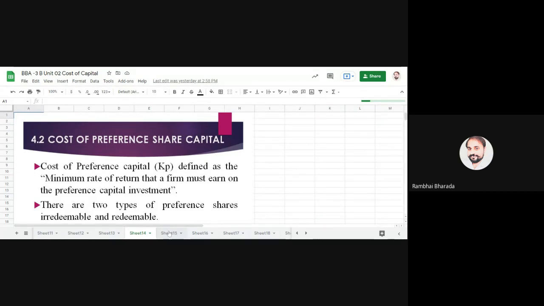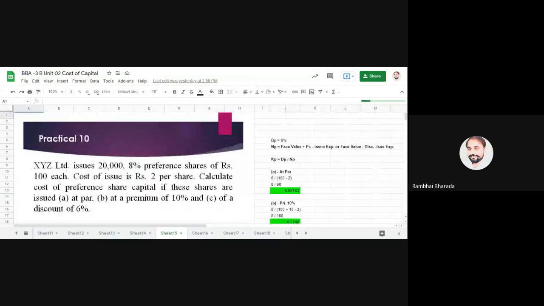Please remember, whenever the question is about irredeemable preferences, you need to be very clear. Here only 8% preferences are there. It may be 10%, it may be 12%, but only the word preferences is there.